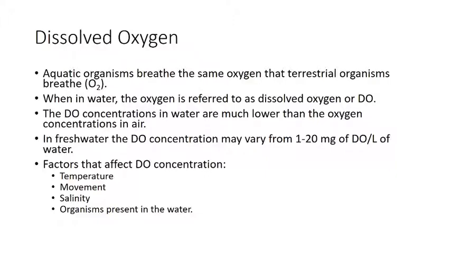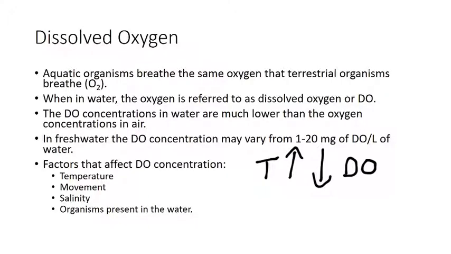In freshwater, the DO concentration can vary from about 1 up to about 20 milligrams of dissolved oxygen per liter of water. Several factors affect the amount of DO in the water. One of those is temperature. As temperature increases, the amount of dissolved oxygen tends to decrease. Think of it almost like a soda.